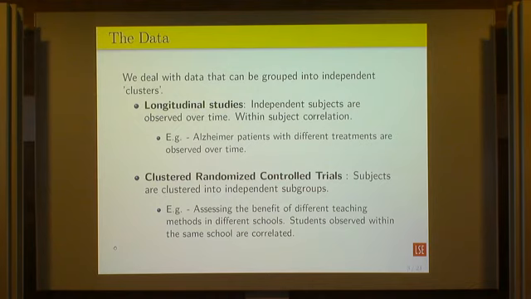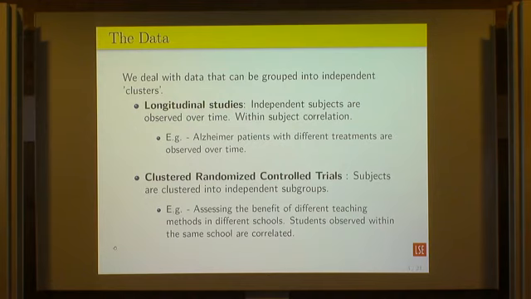Okay, so here instead of some medical examples, I give an example on non-medical aspects: assessing the benefit of different teaching methods in different schools. So the students observed within the same school are actually correlated. Each school can be seen as a subject, and within each subject, all the students are observations, and we treat them as correlated individuals because they belong to the same school.